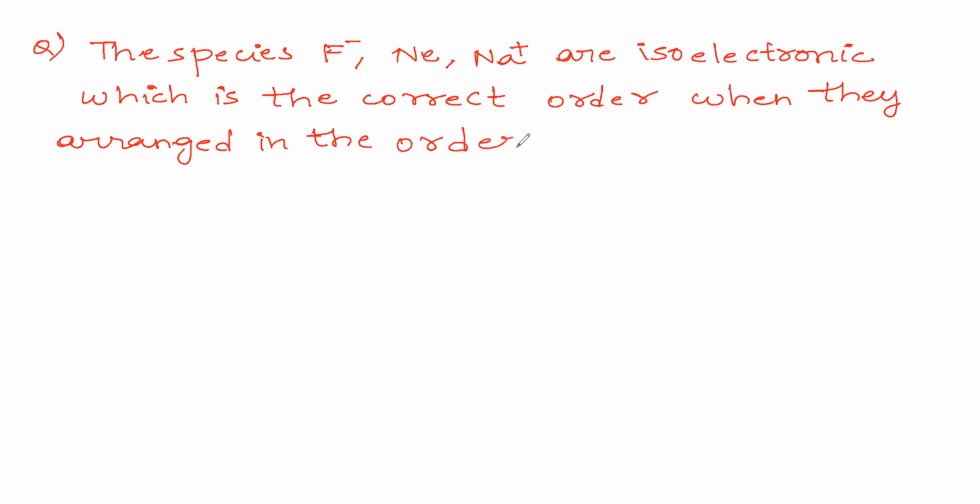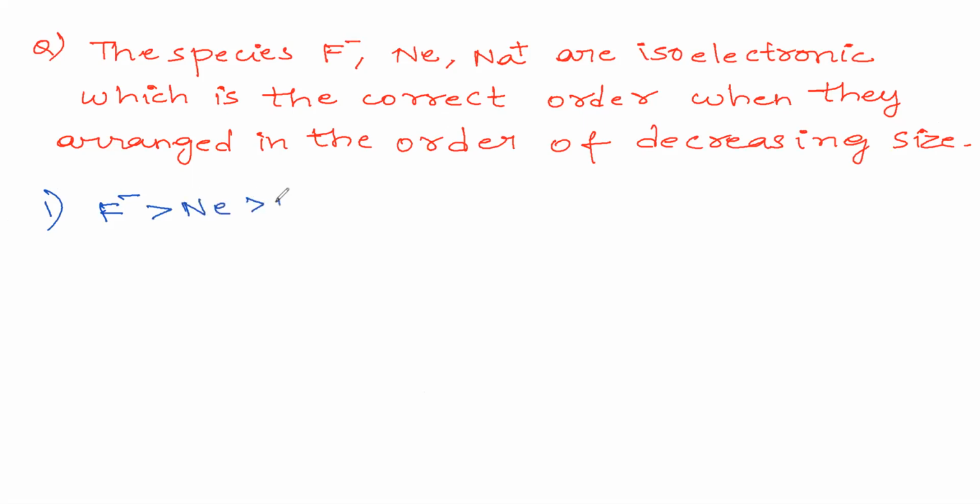Decreasing size means decreasing order of size, so the largest first and the lowest last. First option, F minus greater than Ne greater than Na plus. Second option, Ne greater than Na plus, F minus.